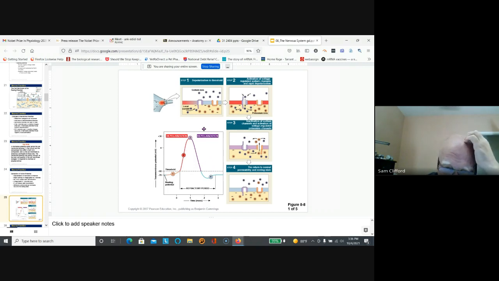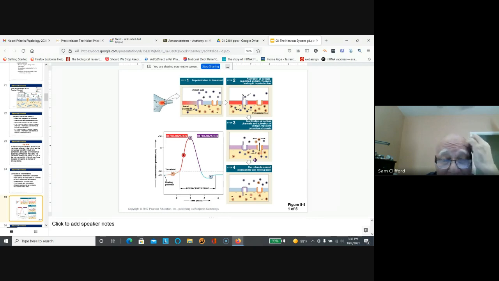So as positive charge moves in with sodium coming in, depolarization means a change from a negative inside cell voltage to a positive cell voltage, and that change is called depolarization. The sodium channels close, and then the potassium channels allow the high concentration of potassium to drive potassium outside the cell.